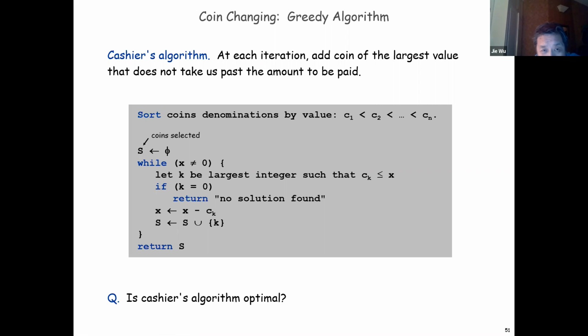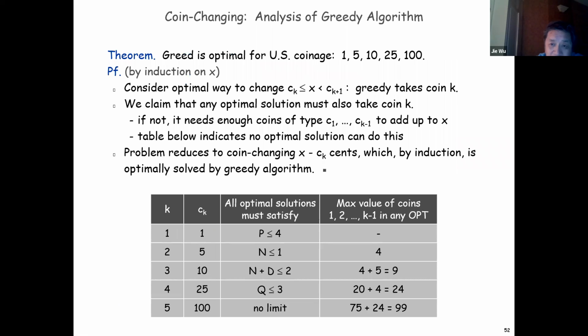So a natural question to ask is: is the cashier algorithm optimal? Okay. So in turn, it's optimal. How do you prove this is optimal? Well, this is another proof, which is quite nice. Again, this is the induction process. The key thing is that you have denominations, right?